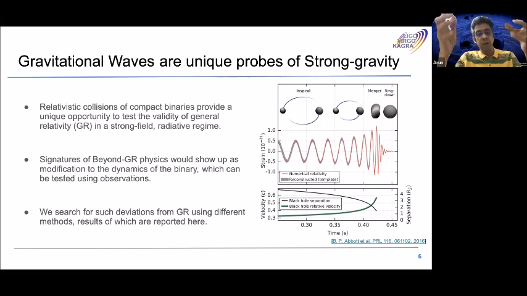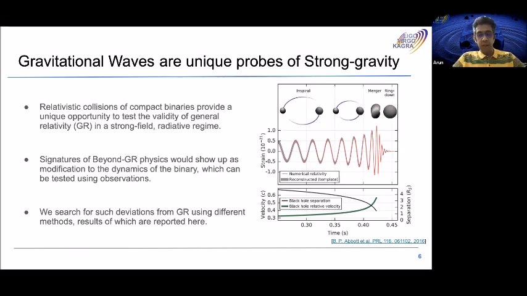The late in-spiral and the merger requires you to deal with numerical relativity simulations to get an accurate description of the dynamics. And the ring down of the remnant black hole, especially in the late stages, is well described again by the black hole perturbation theory. So these are the broadly three regimes, and you will see very many tests talking about various aspects of this in the slides to come.